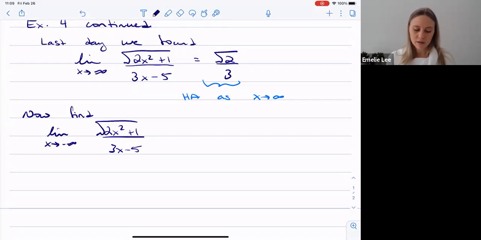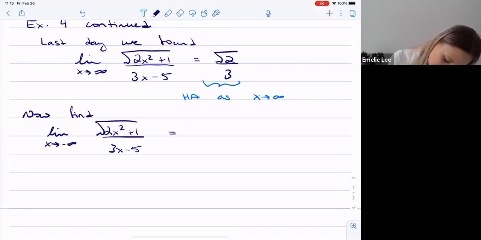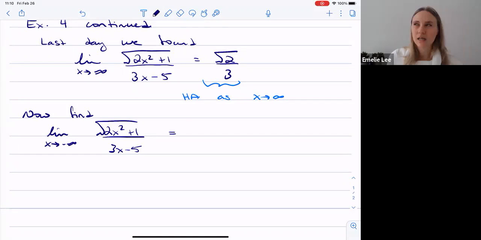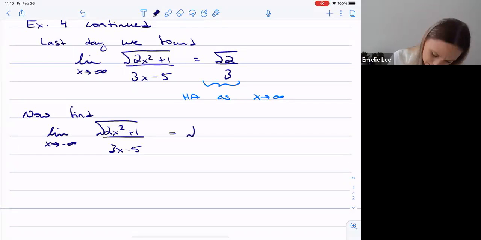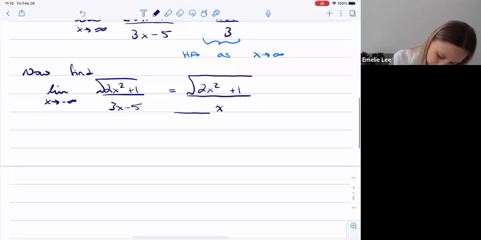So divide both the numerator and the denominator by x, right? And so what we say is this becomes, I'll write it out kind of lofty here, the root of 2x squared plus 1 over x divided by 3x minus 5 over x.